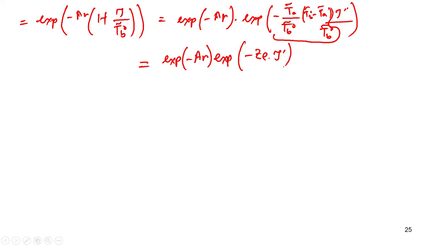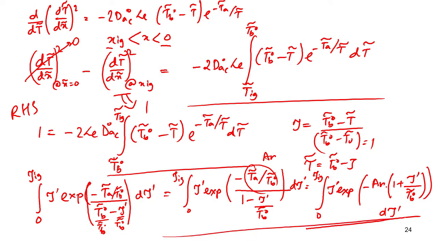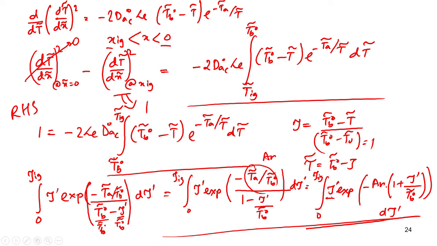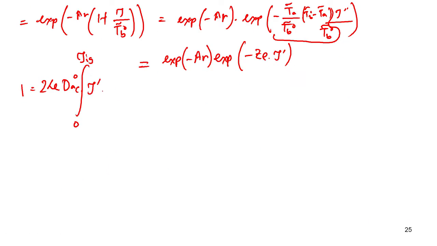Okay. So now if you substitute this full thing in this integral, the whole thing becomes 1 is equal to 2 times Lewis number times Damköhler number times the integral from 0 to tau_ig of tau dashed times exponential of minus Zeldovich number tau, and the exponential of minus Arrhenius number can also go out.